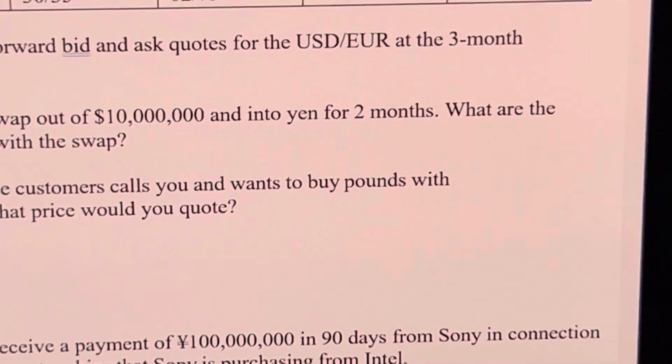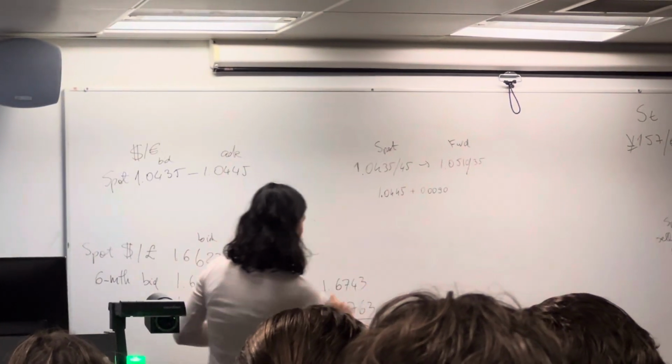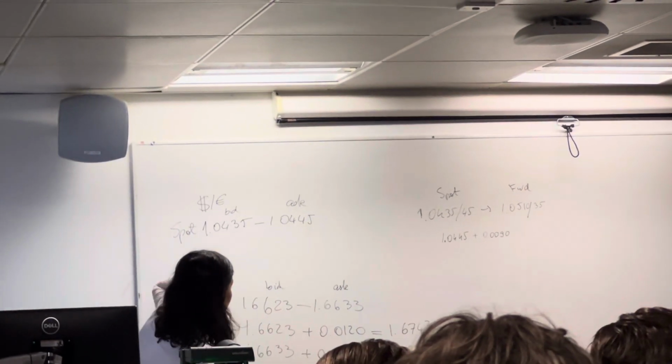Which one? The big price. It should be 1.6743. 4-3. Okay. So yeah, 2 plus 2, 4, 7, 6. Yeah. Thank you.